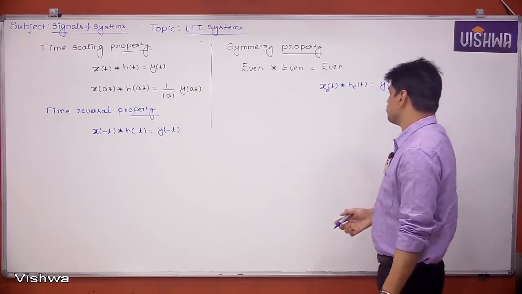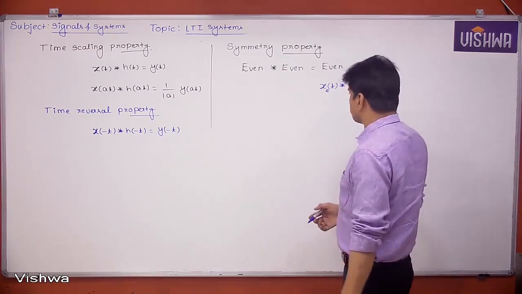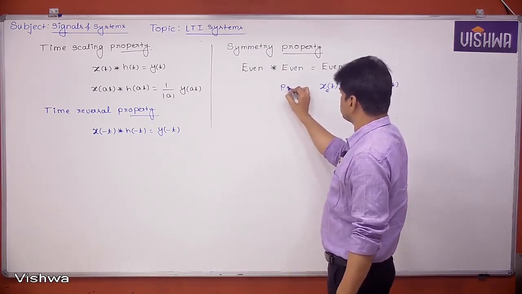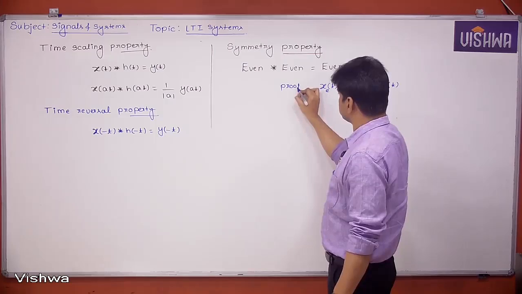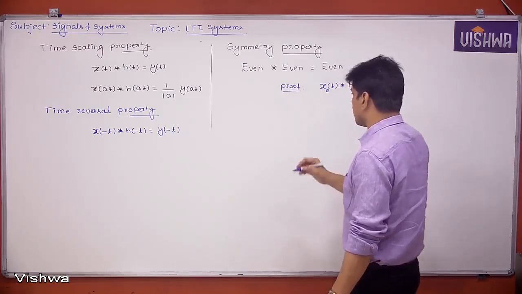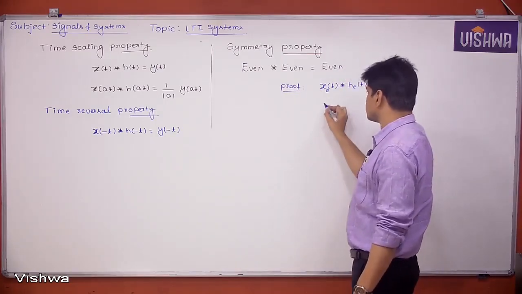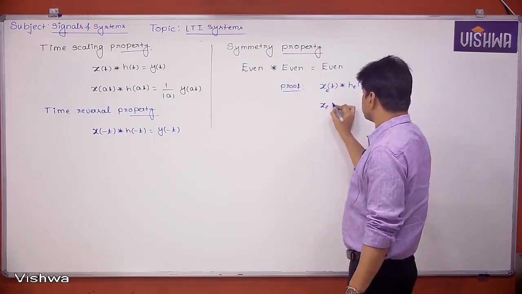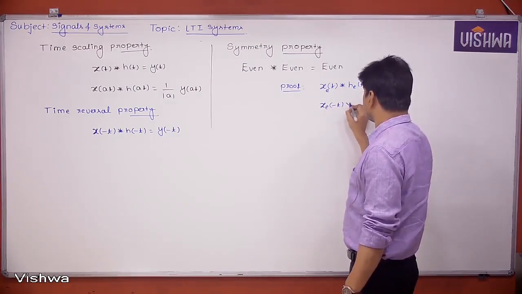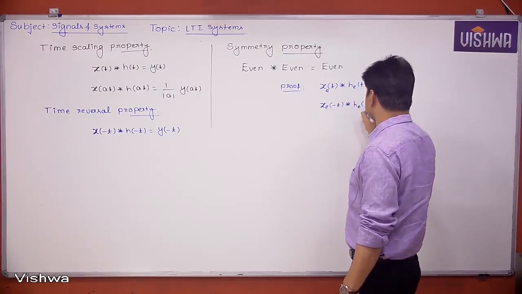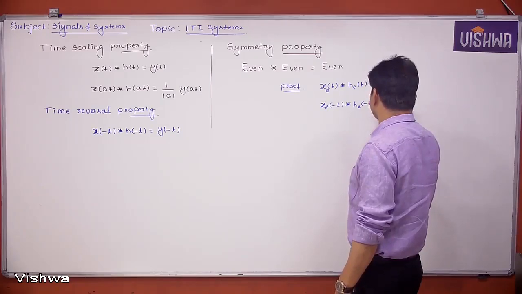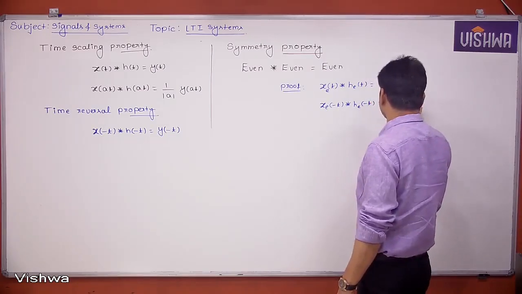For that, let's say we know the time reversal property. I am just giving you the proof here. The time reversal property says that x of minus t convolved with h of minus t gives y of minus t.